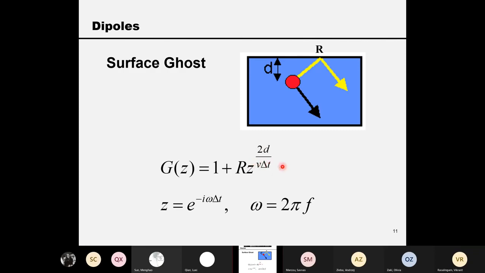Remember that? In the Z transform, the power is the index. Okay, this is a typical example of a dipole, which has 2 elements. The first one is 1, the second one is R, which in this case is the reflectivity at the surface, very close to -1, right? That's in the marine environment.